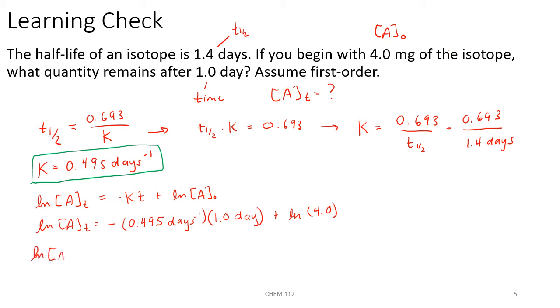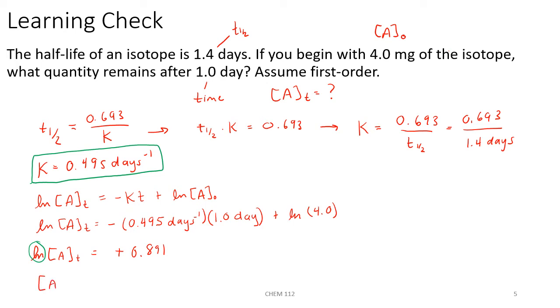Everything on the right-hand side will come out to equaling some value. Don't forget your negative sign out front. So it ends up coming out to actually a positive value when you multiply everything and take the ln of 4. You should get positive 0.891. And then we have to undo the natural log function, so we're going to have to take e to both sides.